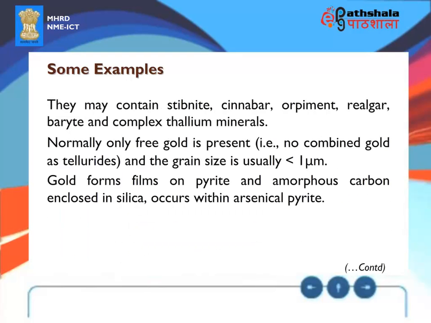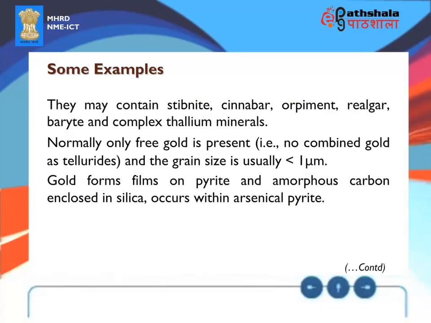They may contain stibnite, cinnabar, orpiment, realgar, barite, and complex thallium minerals. Normally, only free gold is present, that is, no combined gold as tellurides, and the grain size is usually less than 1 micron.